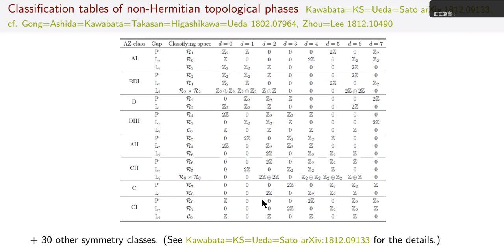Then the Hamiltonian is block diagonalized, and then we get sometimes Z2 plus Z2. That depends on the class. One generic feature is that all the classification comes from zero-dimensional K-theory. Then the classification is either 0 or Z or Z2, or a direct sum. There's no Z in this algorithm.